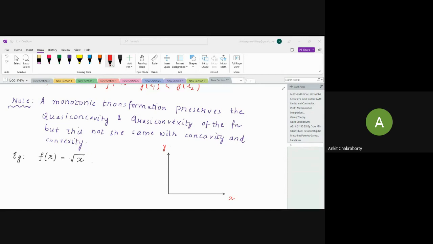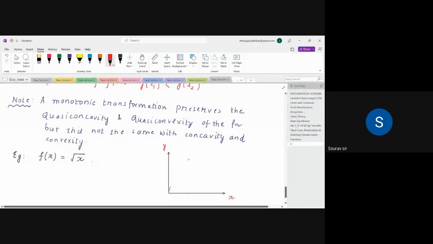Horizontal hyperbola means with respect to the x-axis, the axis will be the x-axis. Okay. It's concave, right? That's enough. This is this curve.